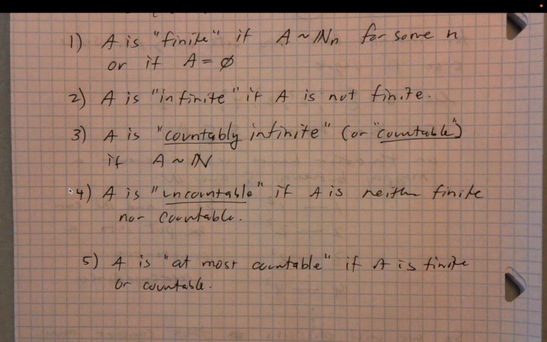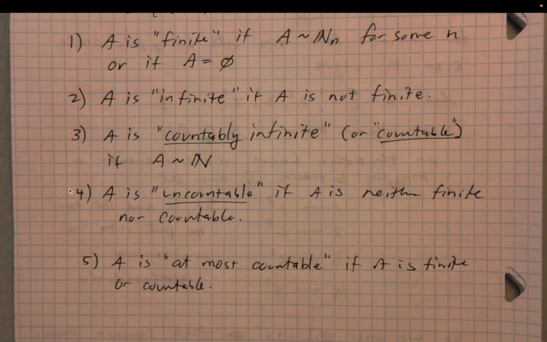This will come up later on in the lecture and other sections, so we won't worry too much about that right now, but just know that sometimes countable or finite can be lumped together, and we would say at most countable. It can't be uncountable.